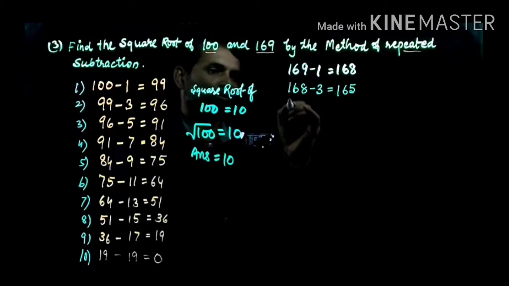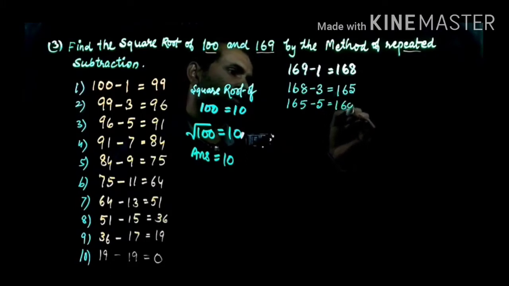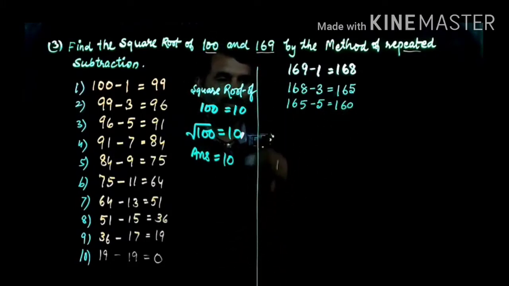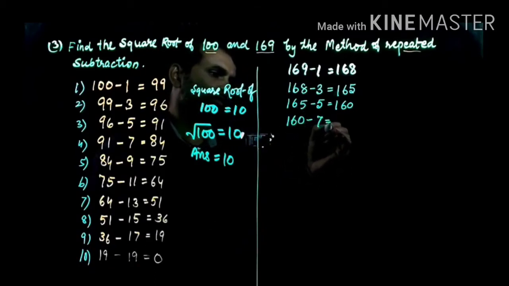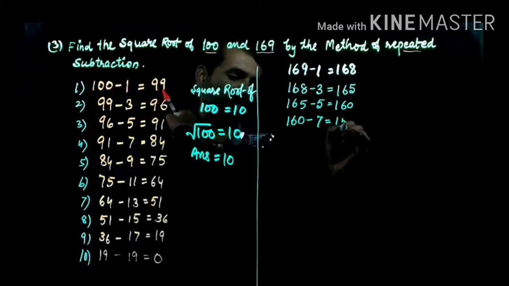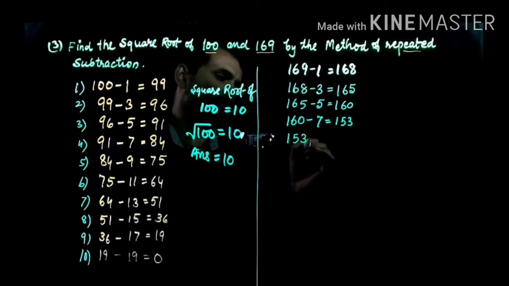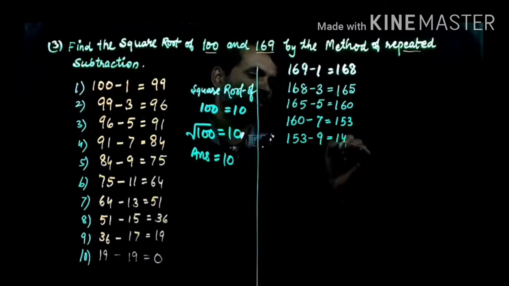And 165 minus 5 is equal to 160. This is the second. Okay, clear? And 160 minus 7 is equal to 153. 153 minus 9 is equal to 144.